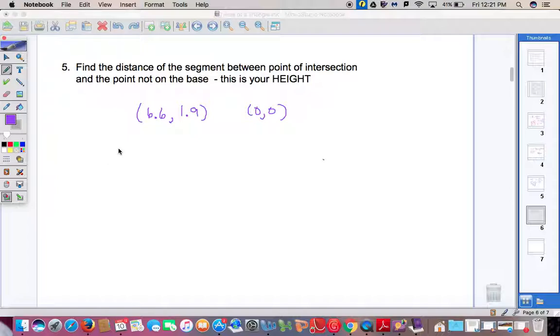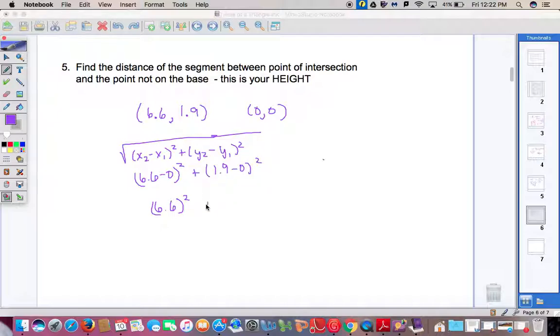So now we're going to use the distance formula, that says distance is equal to the square root of x2 minus x1 squared plus y2 minus y1 squared. And these are my two ordered pairs here. If I have 6 6/10 minus 0 squared, I'm left with simply 6 6/10. And if I have 1 9/10 minus 0 squared, I'm left with 1 9/10. And remember, I'm taking the square root of these numbers.